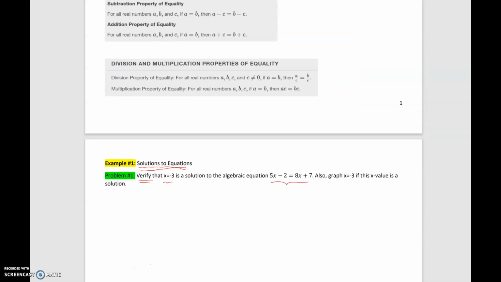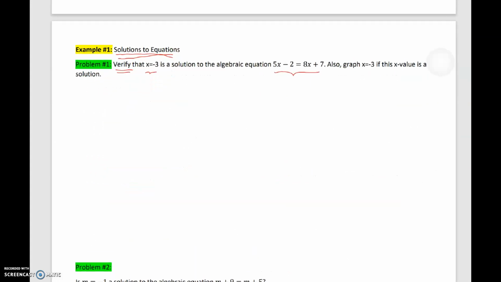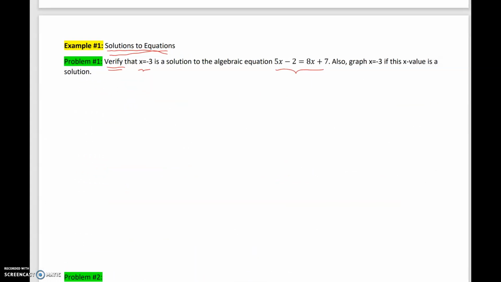So for example, if we take a look at example 1, they want us to verify that x is equal to -3 is a solution. So in this case, evaluate x is equal to -3. And the given equation is 5x minus 2 is equal to 8x plus 7.